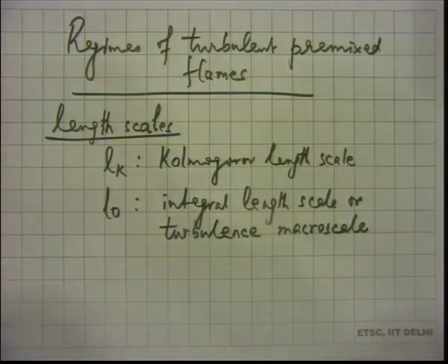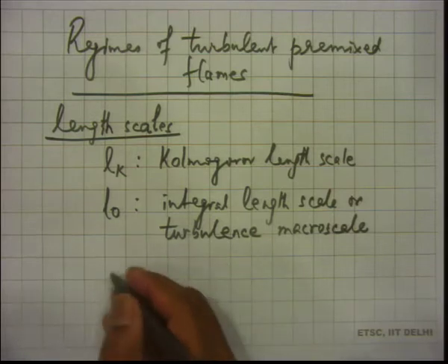Physically, it represents the mean size of large eddies in a turbulent flow. So, Lk is like a small thing, it represents the smallest eddy sizes, and L0 is the integral length scale which corresponds to larger eddies. So, these two are important length scales in our discussion.